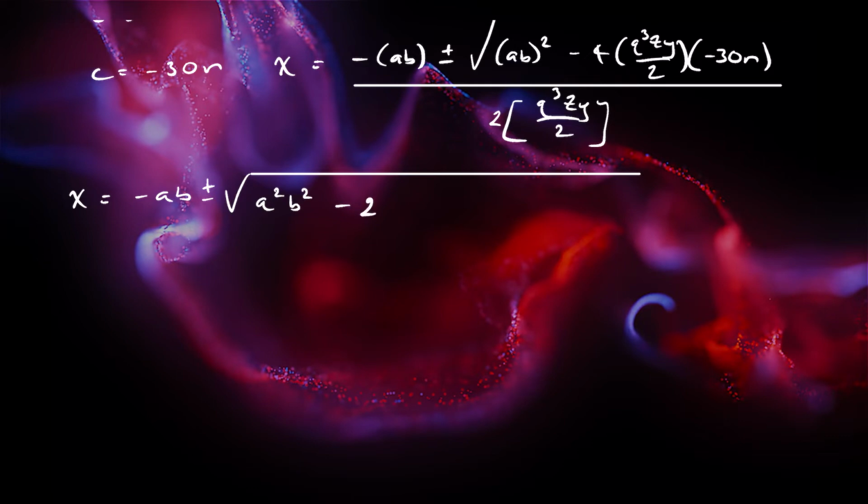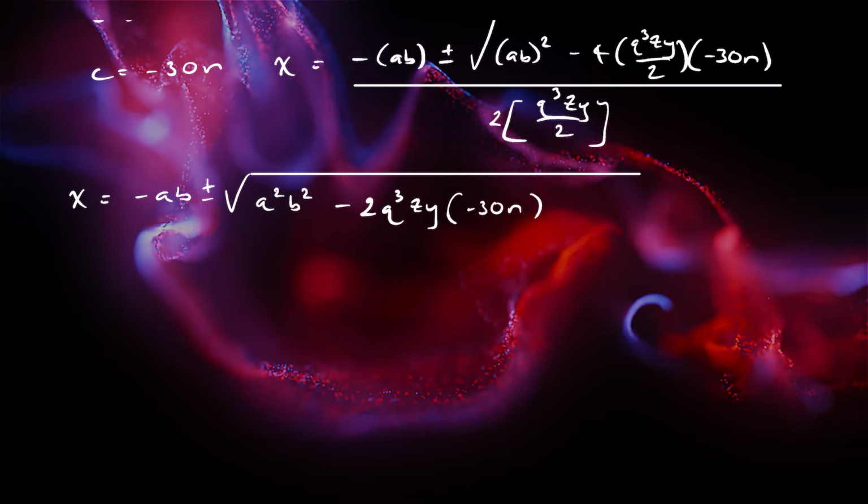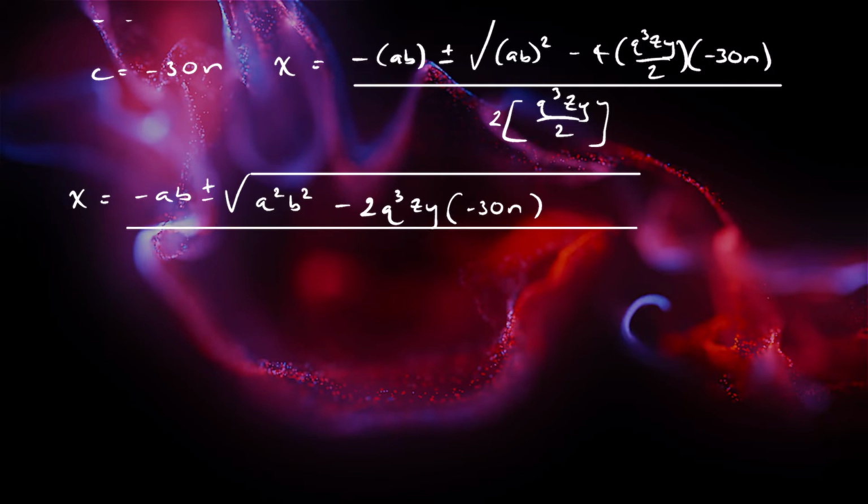So we're going to get minus 2q cubed zy multiplied by negative 30n over the 2q cubed zy over 2, which just gives me q cubed zy.